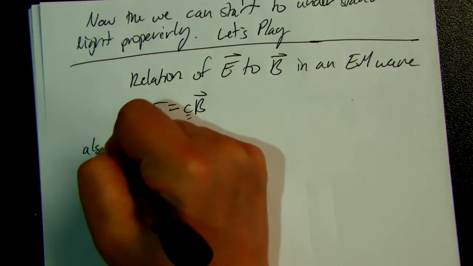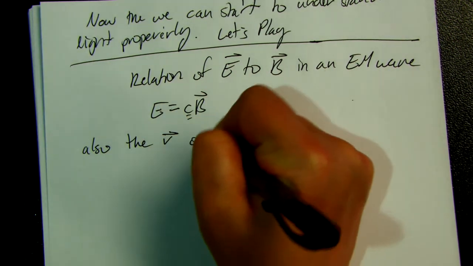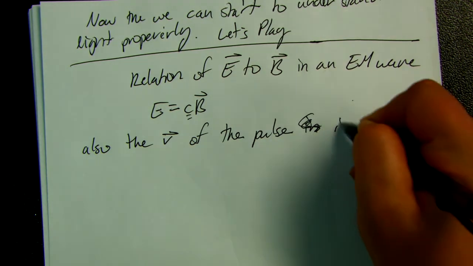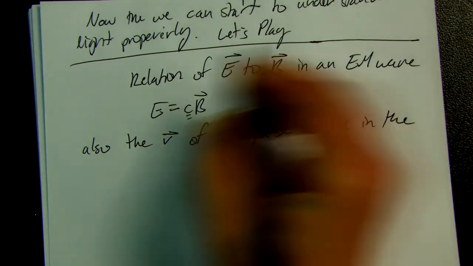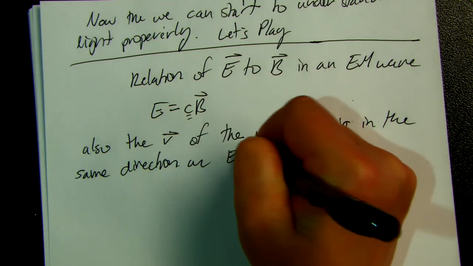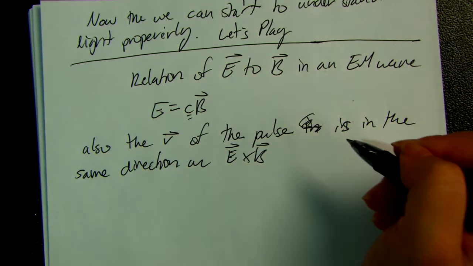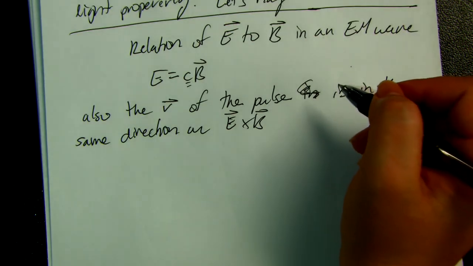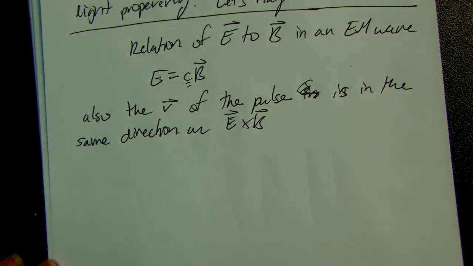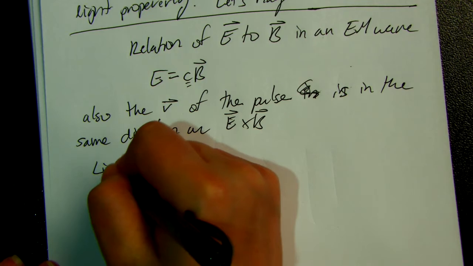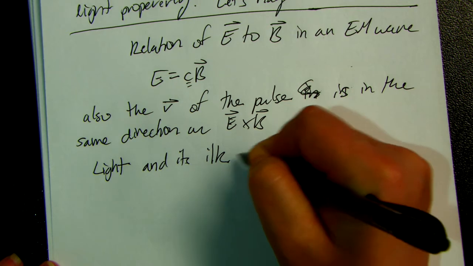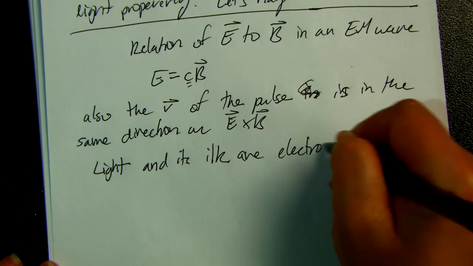And so also the velocity of the pulse is in the same direction as E cross B. So you take the cross product of E cross B and you'll get the speed of V. So light and its ilk, which is a word we do not use enough, are electromagnetic radiation.